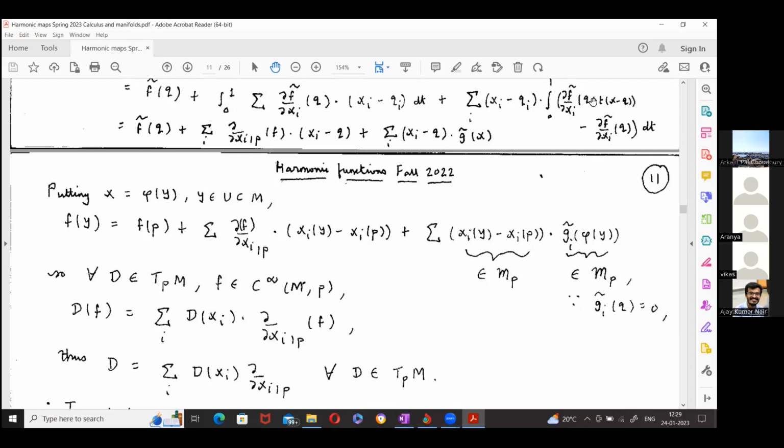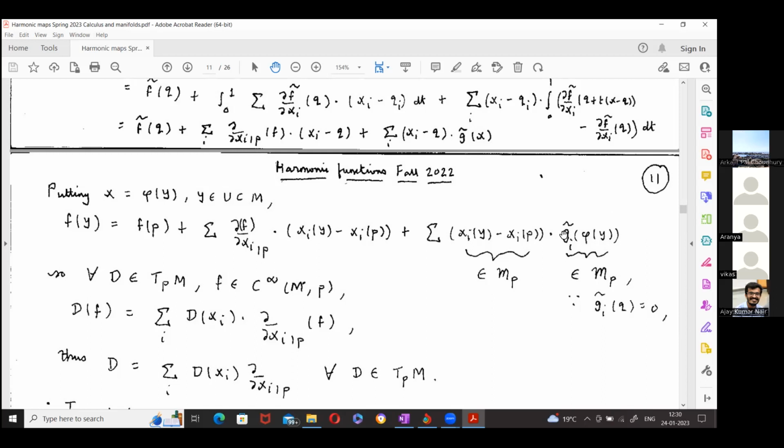Right? Over here in this integral, if I put x equal to Q, then this integral vanishes. So that means g̃i of Q is equal to 0. So g̃i of φ of P will be 0, right? So this vanishes at P. So this last term is a sum of products of elements of the maximal ideal. So this last term belongs to M_P squared.